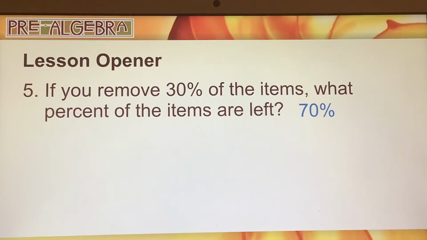We have 100% jelly beans, and during the class, we eat 30% of them. So what percent of the jelly beans are left? That means you have 100 minus 30%. That would give us 70% are left.